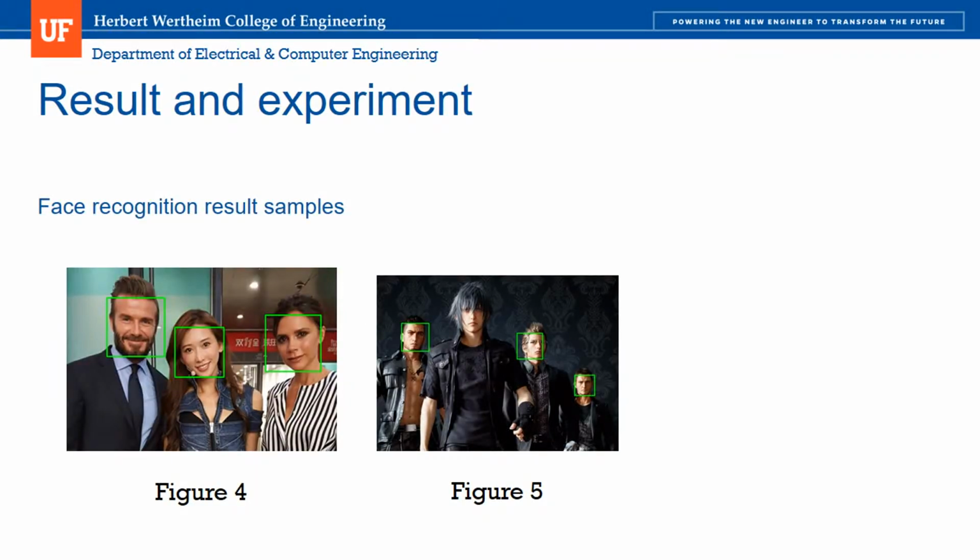After the introduction to the algorithm, I did some experiments to see the result and performance. There are three people in figure 4, and we can clearly see the front face. In this case, the program worked very well. It frames up all the front faces in the pictures with the proper green frames. Figure 5 is an image of a computer game.